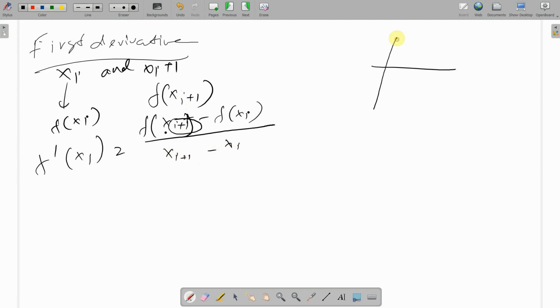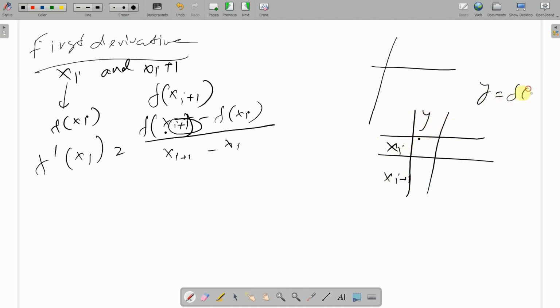So what they are saying is that if you have, suppose, x_i and x_i plus 1, then the function value, or y equals f(x), consider. So the y value at x_i will be a function of x_i, and at x_i plus 1 it will be f(x_i plus 1). The difference, y2 minus y1 by x2 minus x1, from your last class you remember that.